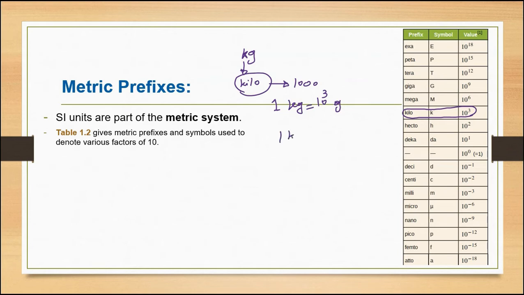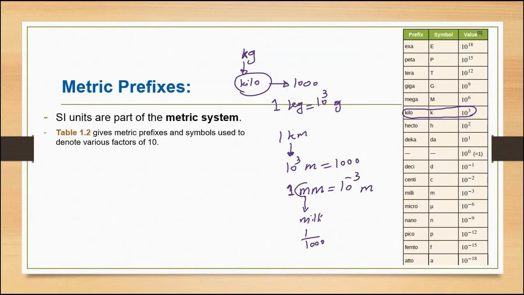Or 1 kilometer means 10 to the third meters, 1000 meters. Or 1 millimeter, milli means 1 over 1000, which is 10 to the negative 3. So 1 millimeter means 10 to the negative 3 meters.